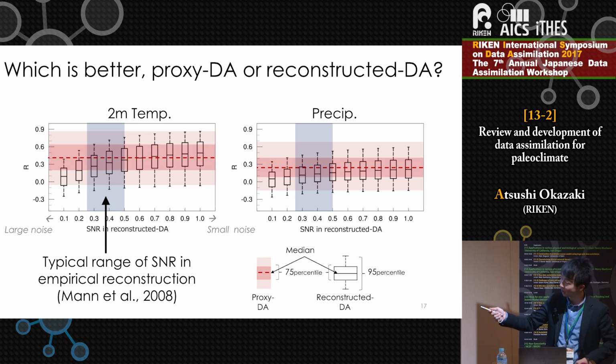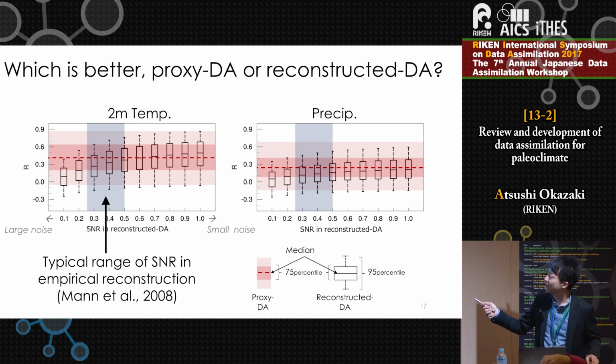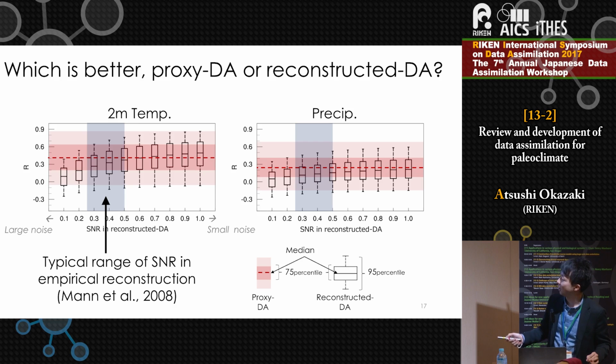So I conducted reconstructed DA with various SNRs, and this plot shows, with box whiskers, the skill of reconstructed DA, the median and 75th and 95th percentiles, and the shading shows the skill of proxy DA.